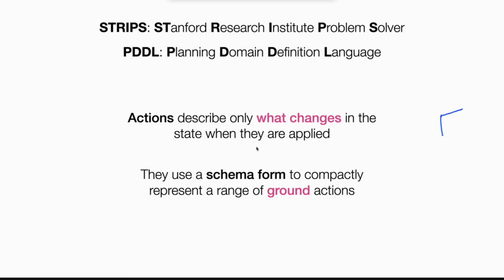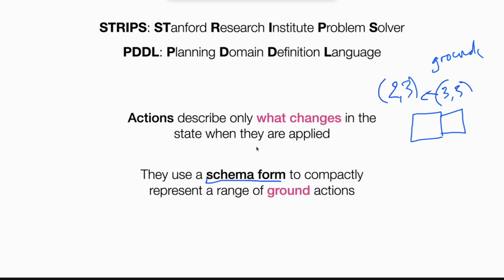You could have thought of actions as go from, let's call this one 3, 3, and then we would have moved to 2, 3. Okay, so if you imagine the grid cells are written as coordinates, and this is what's called a ground action. It describes an exact state change in the problem. But planners use what's called a schema form.